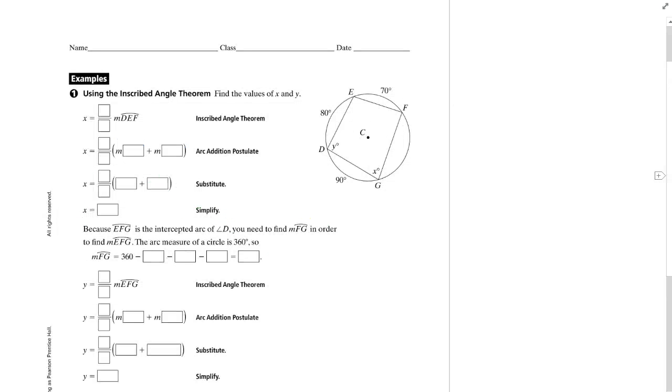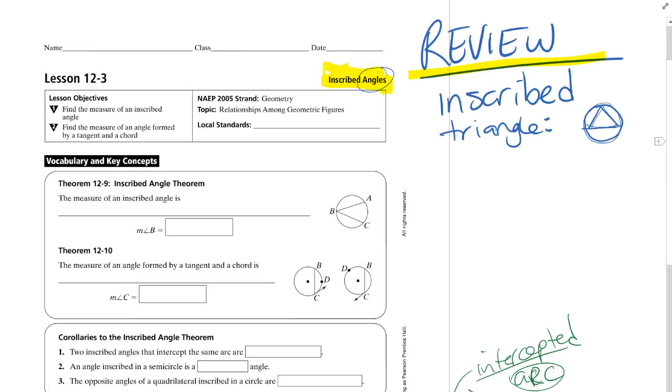So let's practice with these. We're going to use the inscribed angle theorem. Oh, wait a minute. You have to go back. That was just the definition. So here are the theorems. We've got the inscribed angle theorem. And all this says is that if you have this inscribed angle, ABC, then it is half of the measure of the intercepted arc.